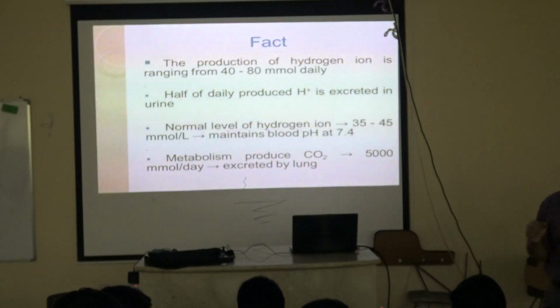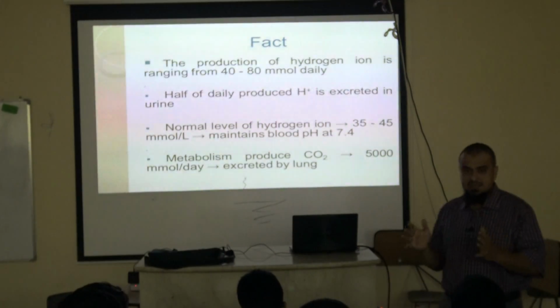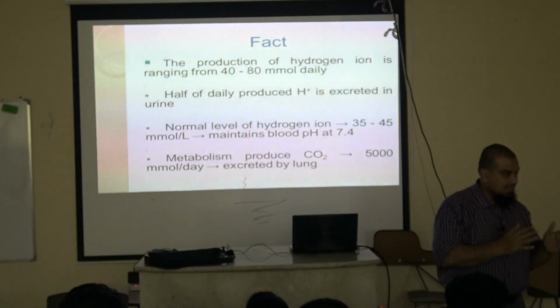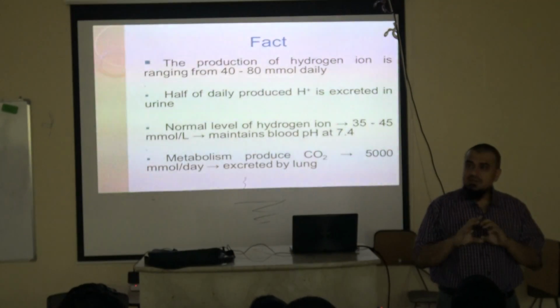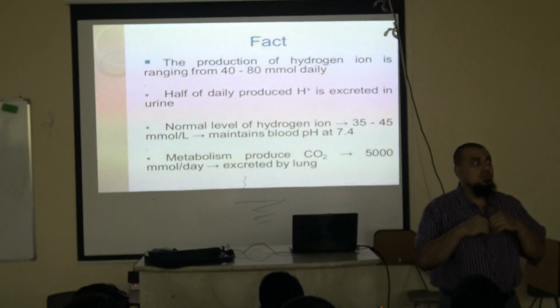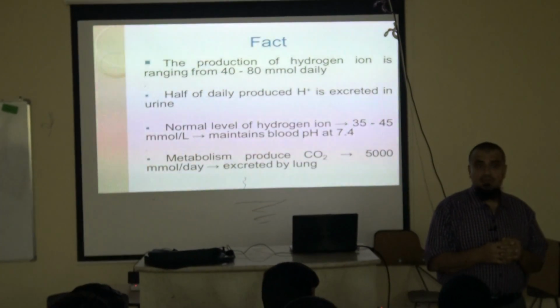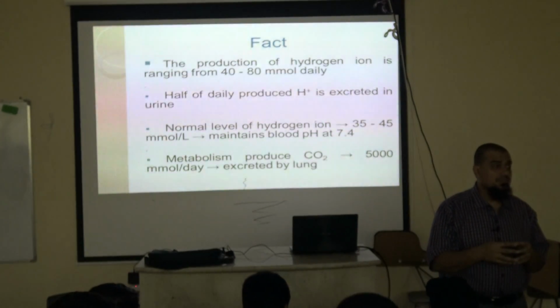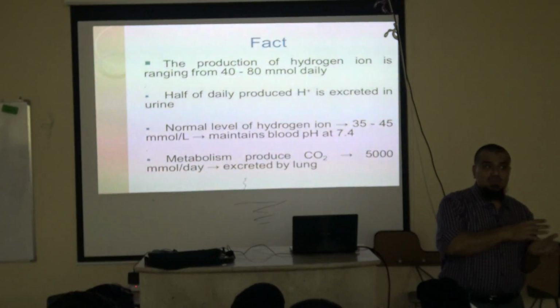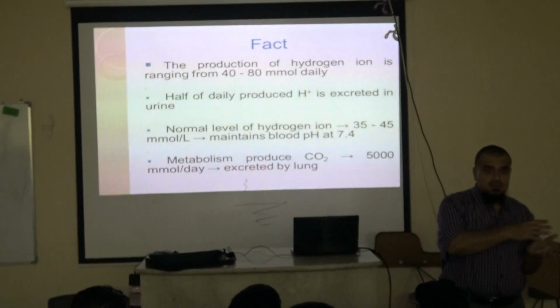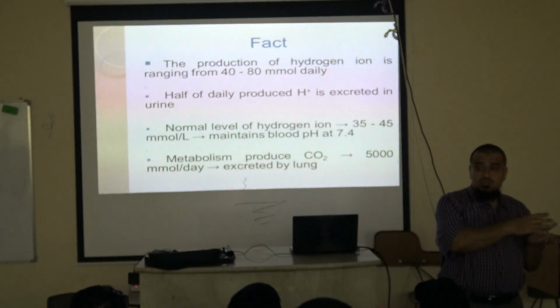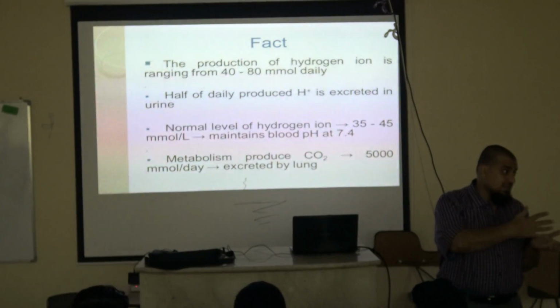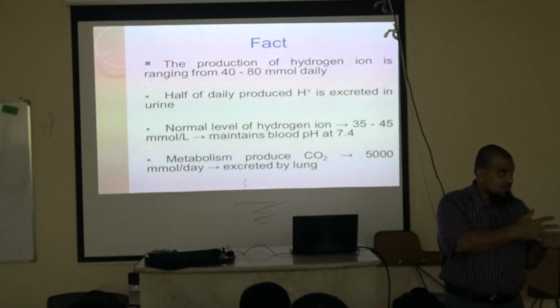Generally, the blood we get from the blood vessels. And we have two types of blood vessels. One is called arteries and the other is called veins. Now, can you think which blood will contain more hydrogen? Venous blood. Why? Because the venous blood is coming from the tissues, and the tissues produce acids and carbon dioxide.